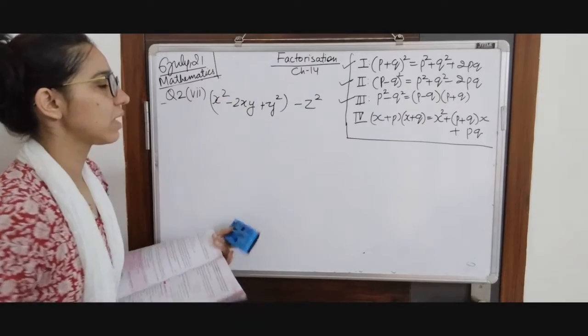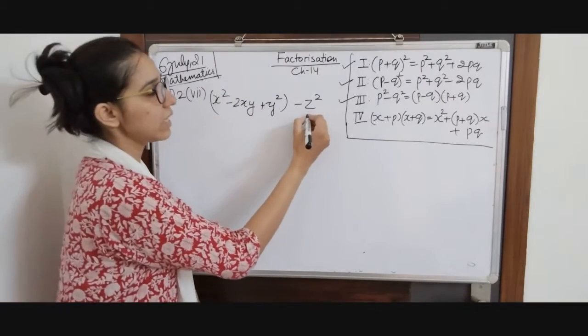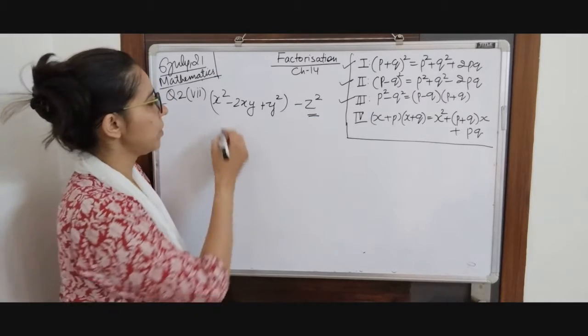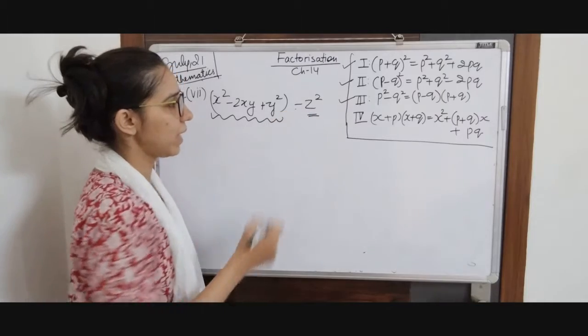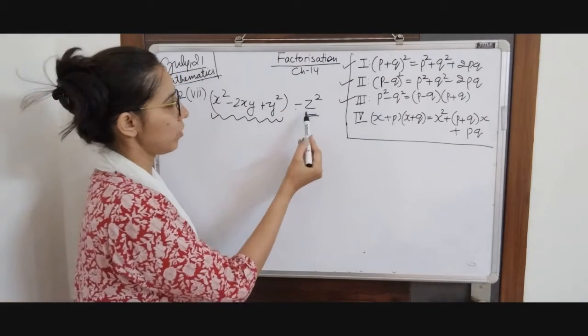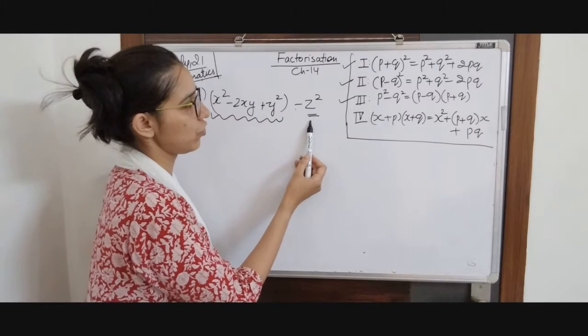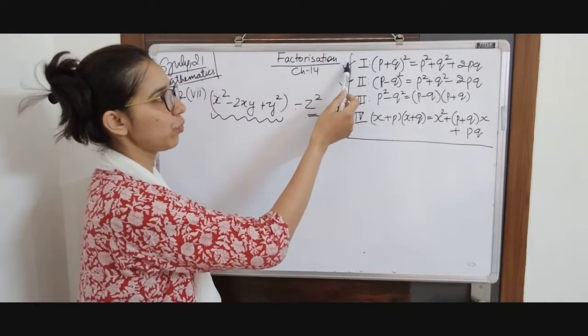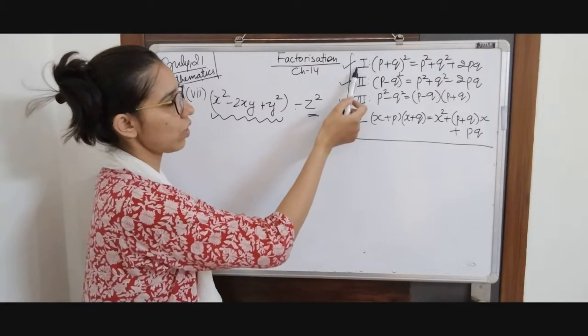Now this is an interesting question. How? You can see that there is a square term and these are bracketed together. There is a minus sign also. With this kind of expression, you will be confused about whether to apply the third identity or this one.